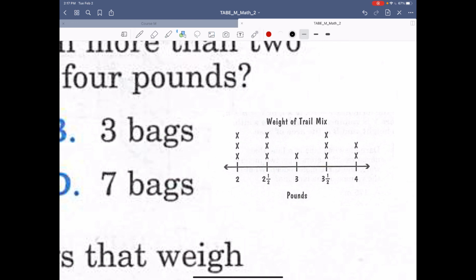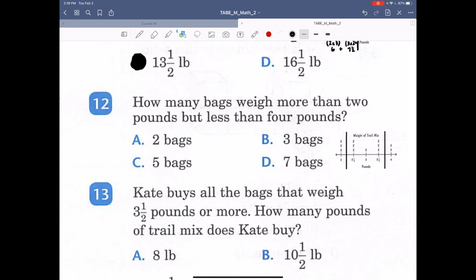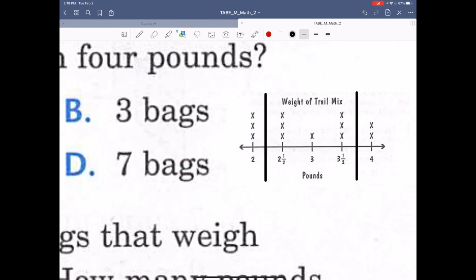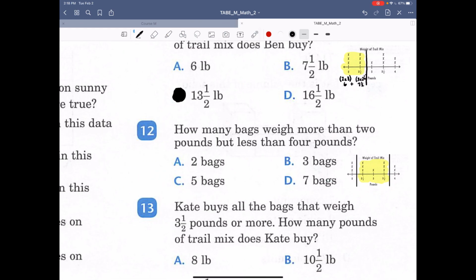It's more than 2, but less than 4. Let me check that again. More than 2, but less than 4. So the interval this time is in here. And they want to know how many bags, so you just count the X's in that interval, and there are 7 of them.